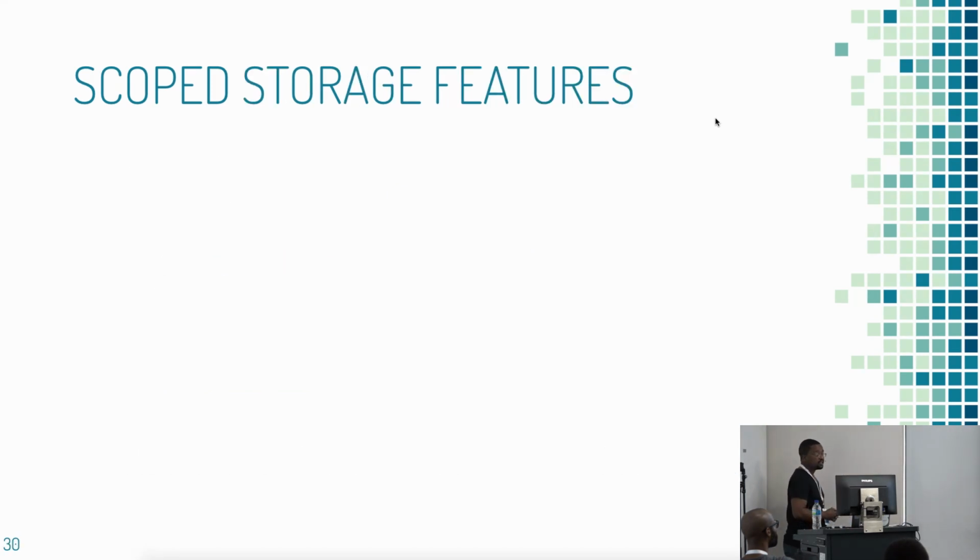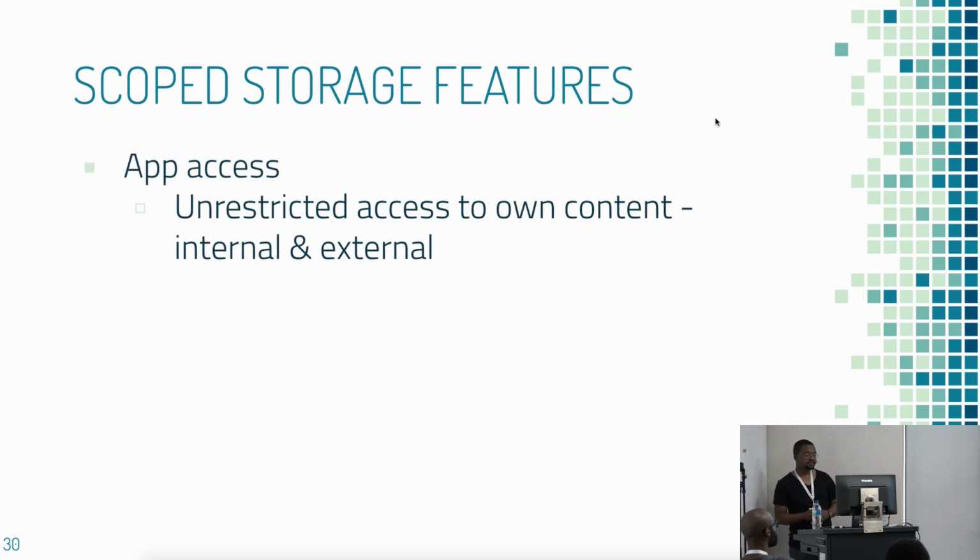Okay, so the scope storage features, app access. If you have an app that gets installed on the user's device, when you create files on the user's device, you've got unrestricted access to that content that you have created with your app, both internal and external.